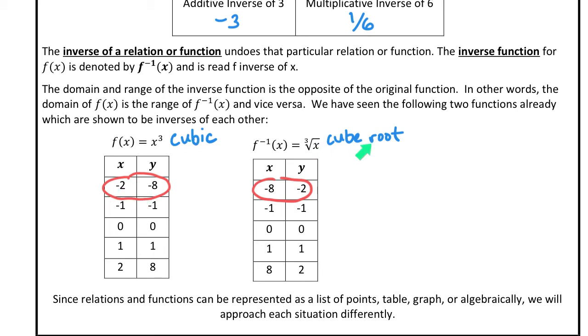But if I'm looking at the cube root, then the x's and the y's switch, and it's going to be -8, -2. I wanted to put an arrow to say that these swap. And notice the notation here. We have the original function and the inverse. So we would say that the cubic function and the cube root are inverses of each other.